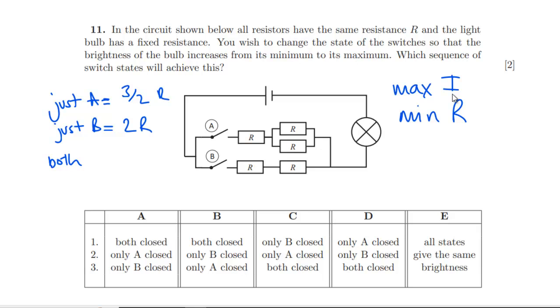So that'd be 6 over 4 plus 6 over 3, which means we've got 6 over 7 is our R. That's good. So we're going to go from minimum to maximum. So we want to do B, then A, then both. So B, then A, then both is C.